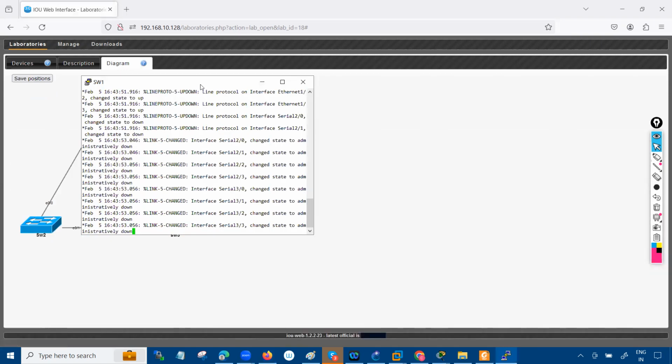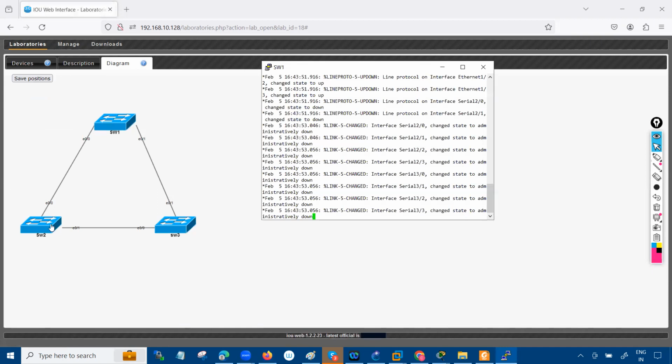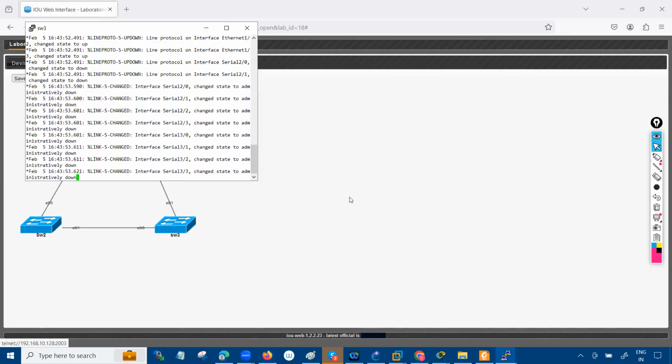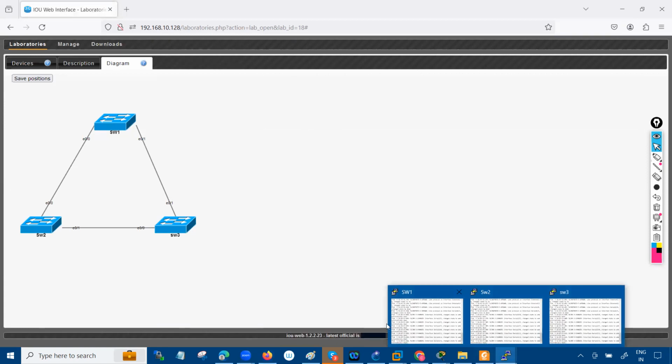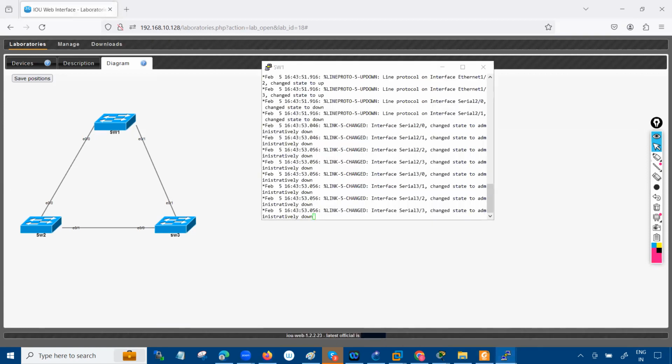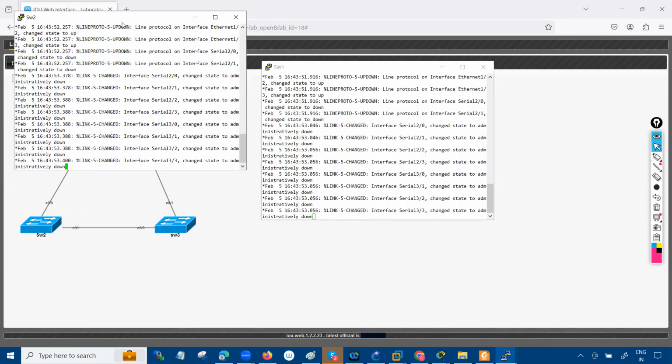Switch 1, switch 2, switch 3, right? What I can do is simply run MSTP.